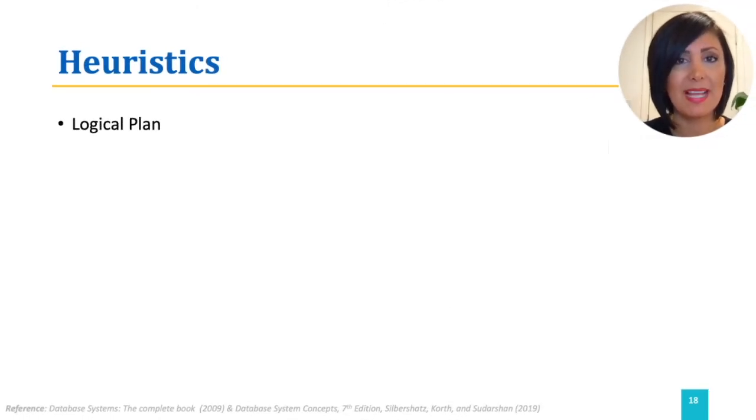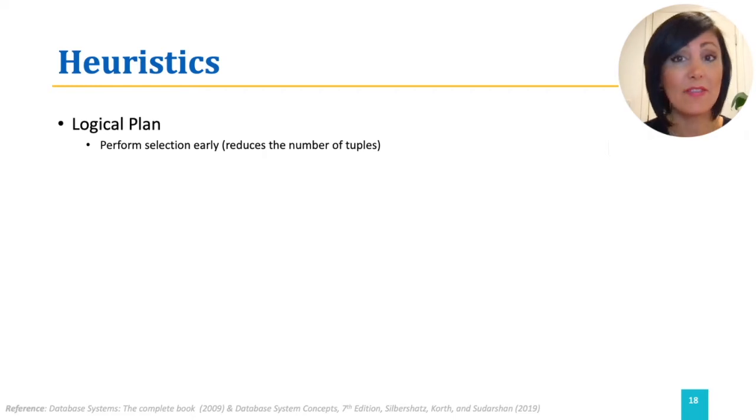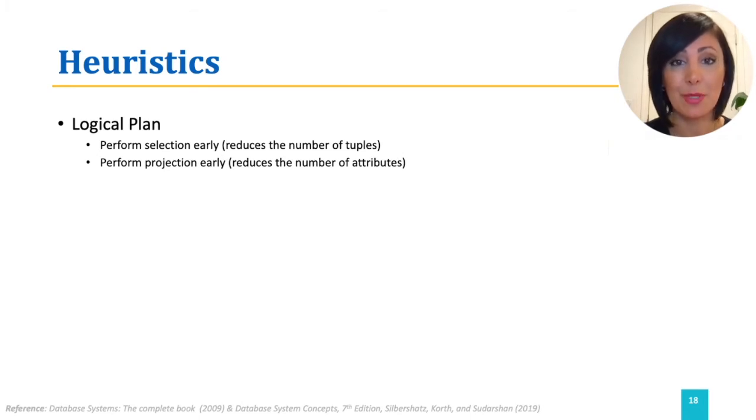For logical plans, this could include rules like perform selections early. This, if you remember, was introduced using push laws. The reasoning behind this rule is the fact that it reduces the number of tuples as early as possible during the evaluation. Another one we have seen before is perform projections early. This also reduces the number of attributes.